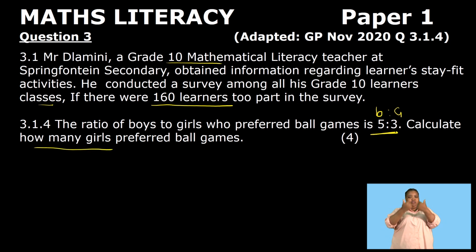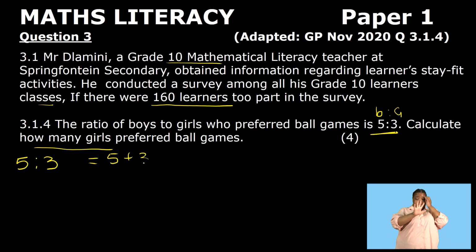So now we are also working with ratios. Remember, we have said when we work with ratio, we take our ratio which is given to us as 5:3. We are going to add them together. So having 5 plus 3, you have a total of 8. From there, you are going to take the first ratio which is 5.